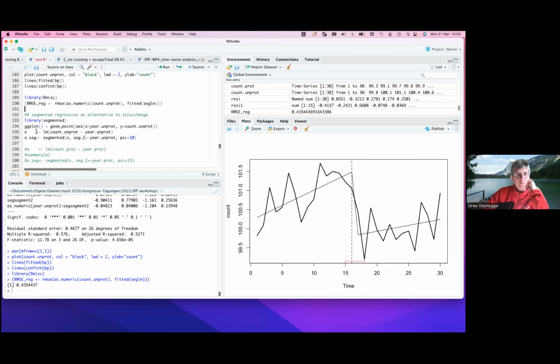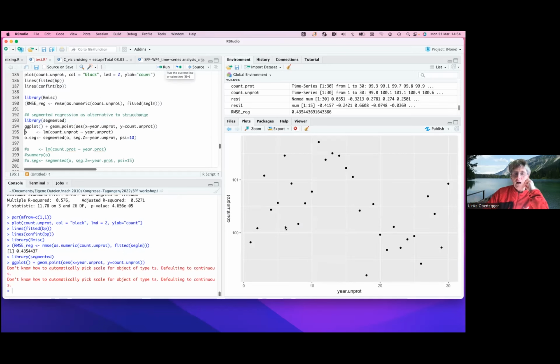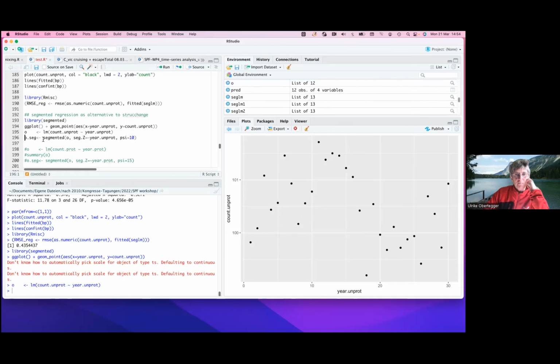So as a first segmented regression, okay, library segmented. We plotted this, this is how it looks without any knowledge about the change point. You put in the code lm, and then here comes the part for segmented. This means our model is o.